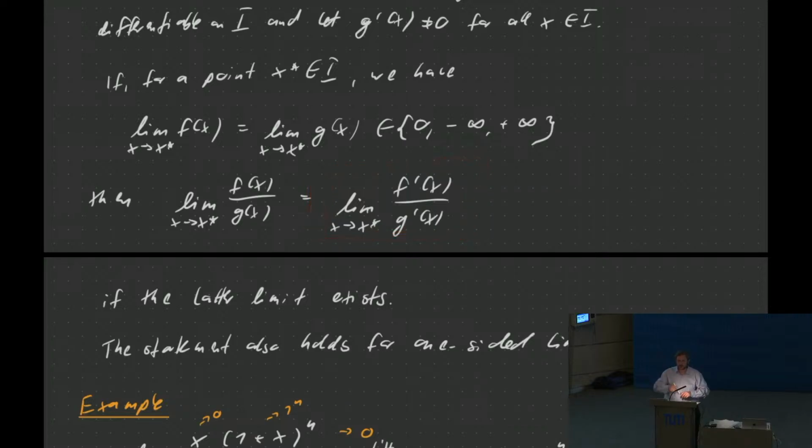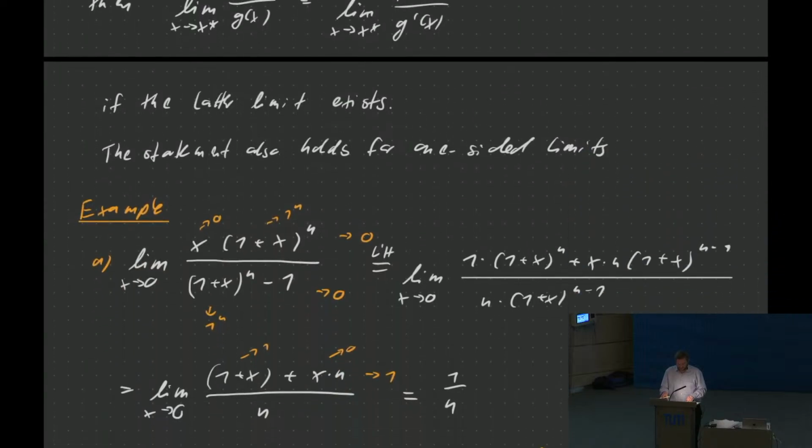So the rule only works if this limit actually exists. And remember, that also means it can't be plus or minus infinity. So if you get infinity here, that doesn't necessarily mean that this is infinity. That could be something totally different. It only works if this limit actually exists and has a finite value. And of course, that statement can also be used for one-sided limits. So that's L'Hopital's rule.